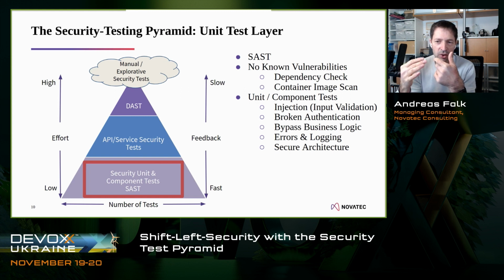Also scan your container images if you're pushing them to Kubernetes, for example, and then provide unit component tests. On that level, you can already check, for example, if you validate input given by users to your application. You can also check partly for broken authentication.